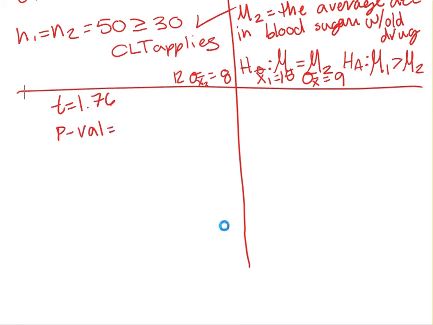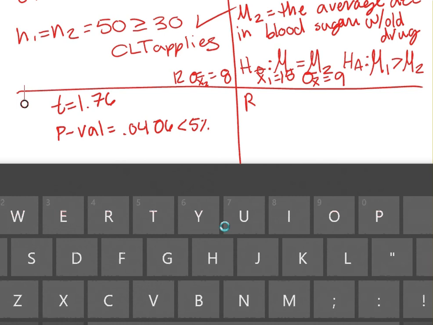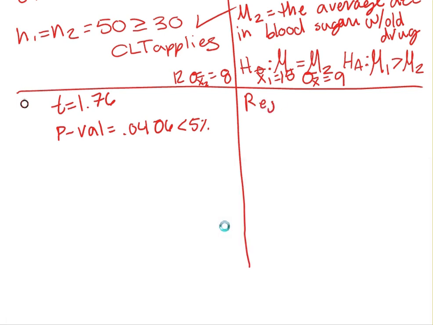So that means my p is low, so I'm going to reject my HO. Okay, my degrees of freedom is 97. We're just going to approximate that, just round.